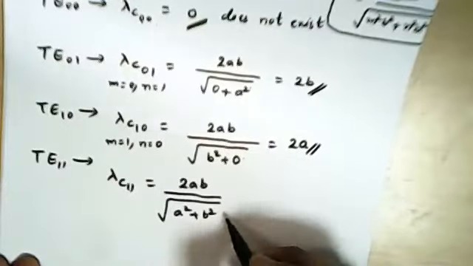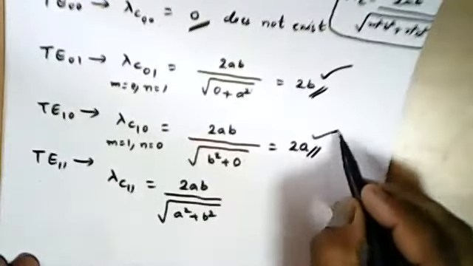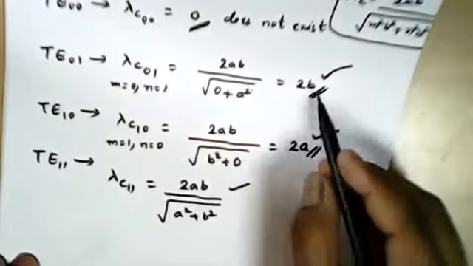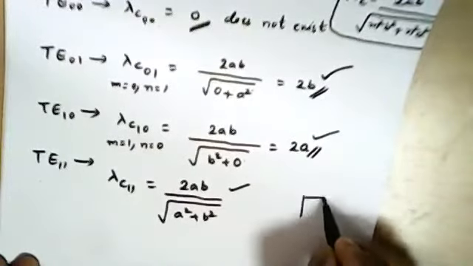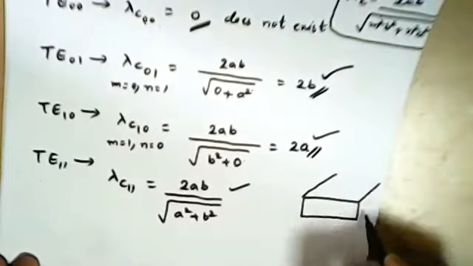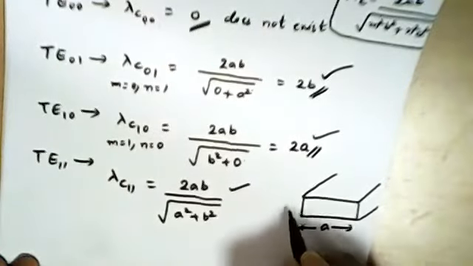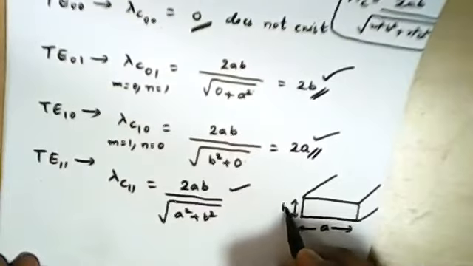Now we have these cutoff wavelengths. We can observe the values 2b, 2a and the other value. We know the rectangular waveguide, this is the rectangular waveguide. This is the wide dimension a, and this is the dimension b.